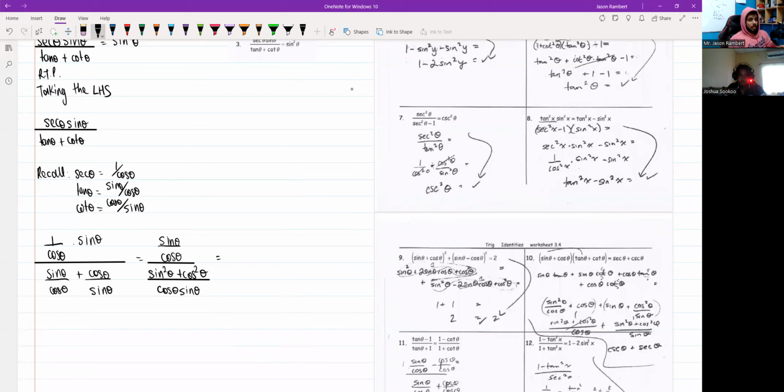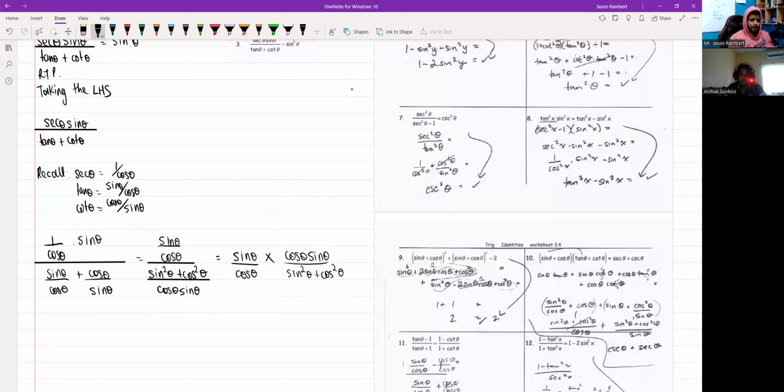This is equal to. Now, if you want, you could have written this with a division sign. You could have if you wanted to. But because it is in this manner, I know I have to flip the big denominator. This has to be flipped and multiplied. So I'll end up with sine theta over cosine theta multiplied by cosine theta sine theta over sine squared theta plus cosine squared theta.